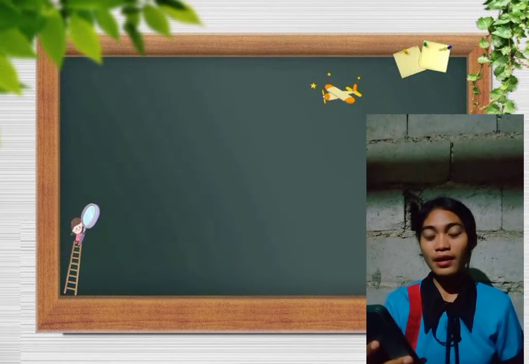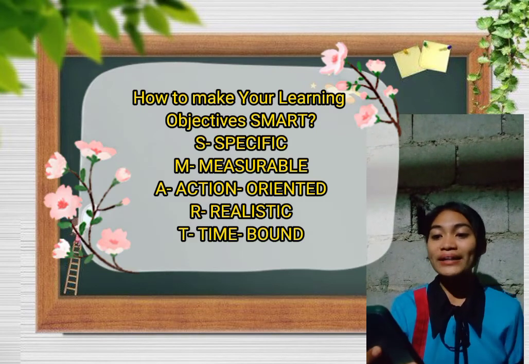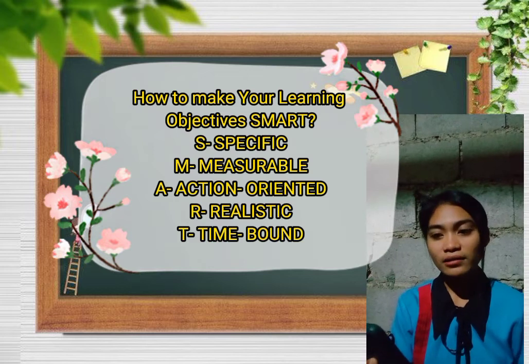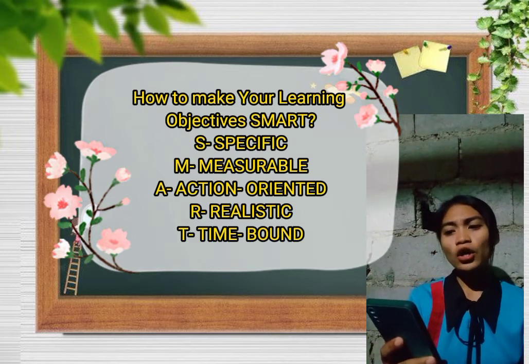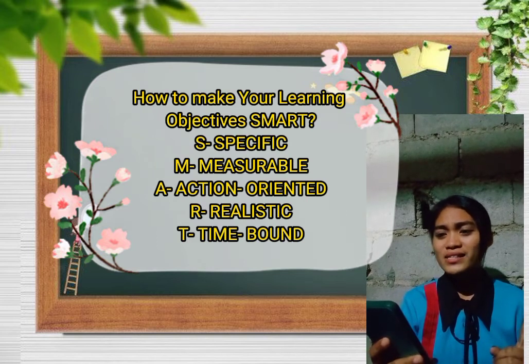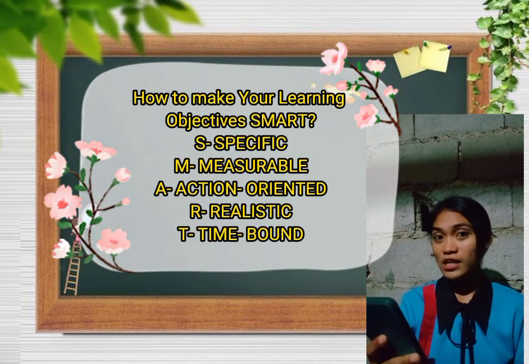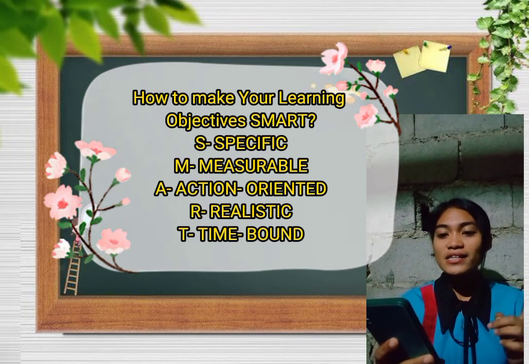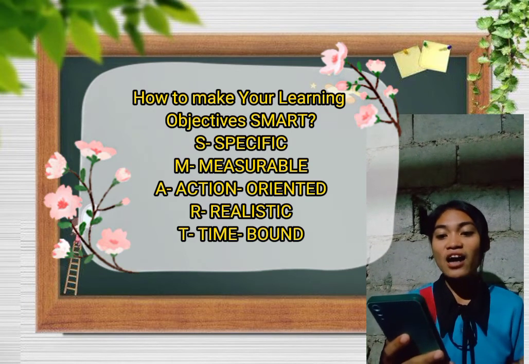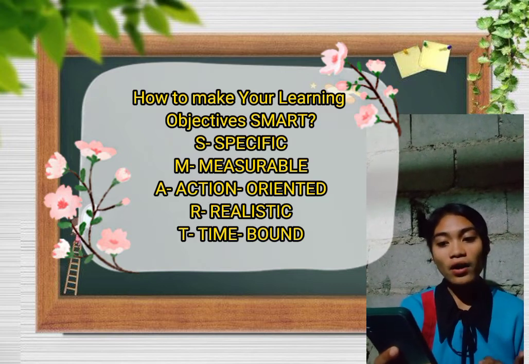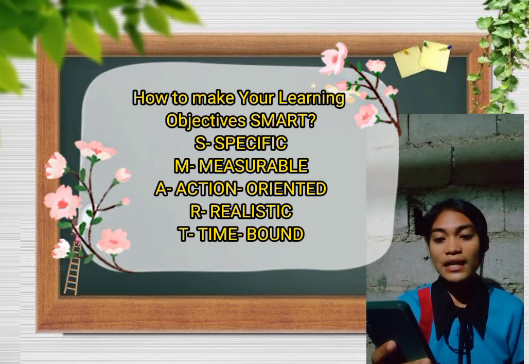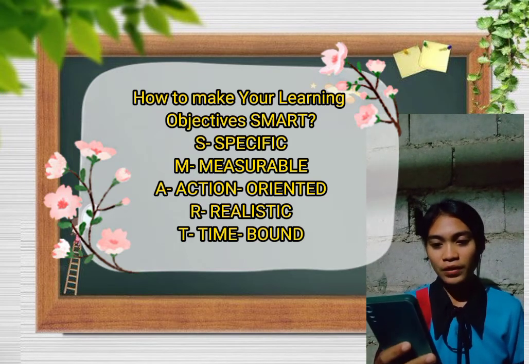Also, in writing clear objectives, they should be SMART. So how do you make your learning objective SMART? First, what does SMART stand for? S stands for specific, M for measurable, A for action-oriented, R for realistic, and T for time-bound.